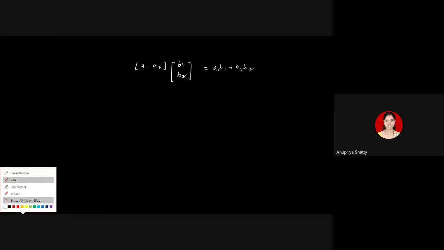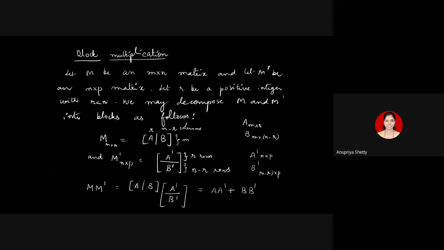So after decomposing M and M dash into blocks, we have two blocks A and B, and in M dash two blocks A dash and B dash. You can multiply M and M dash as though they are vectors of order 1 by 2 and 2 by 1: A with A dash plus B with B dash. The resulting matrix is the same as the product M into M dash.